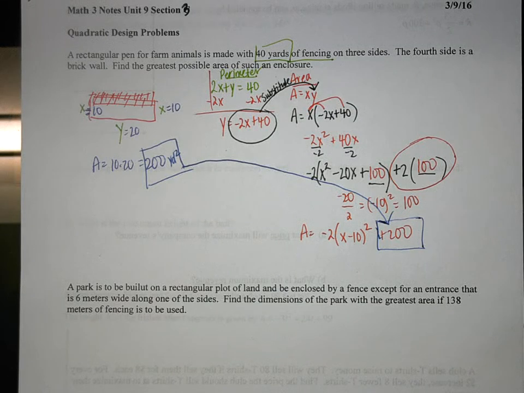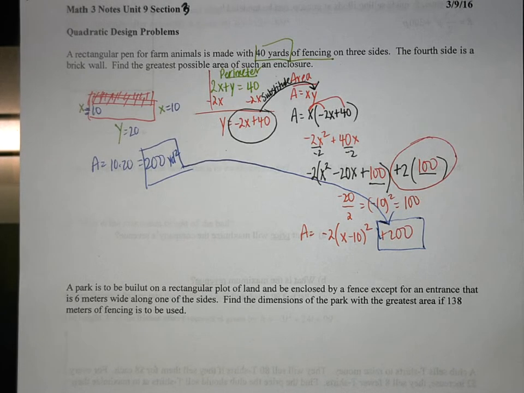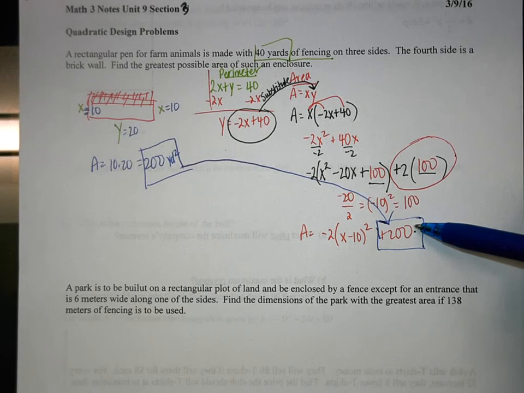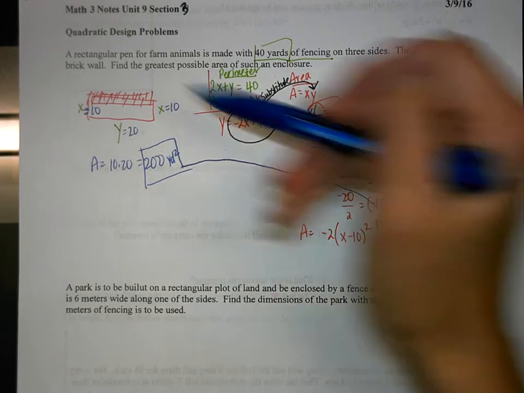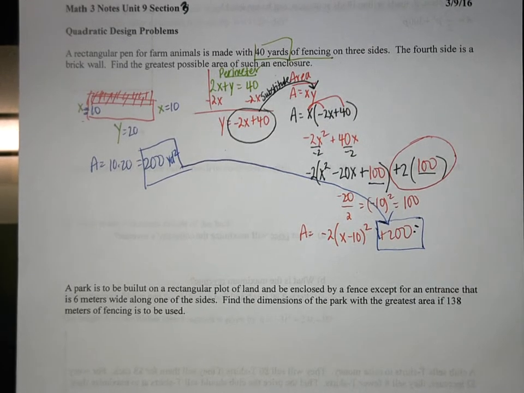Do you guys remember this? And so what's happening is that your bottom value is your x values, like your dimensions, and when you're multiplying it, your area is your y value. And so whatever this is, that's going to give you your maximum area value. Okay? But you can see how this plugs in and gets you the same answer as well.